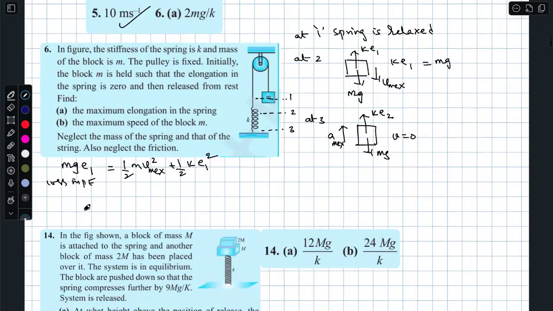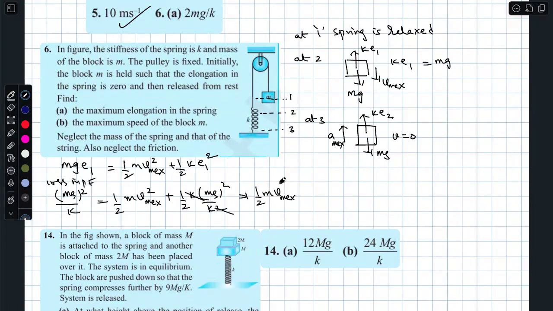Remove e1 here, first of all. This will become mg square by k is half m v maximum square plus half k (mg by k) square, which implies half m v maximum square is half mg square by k.